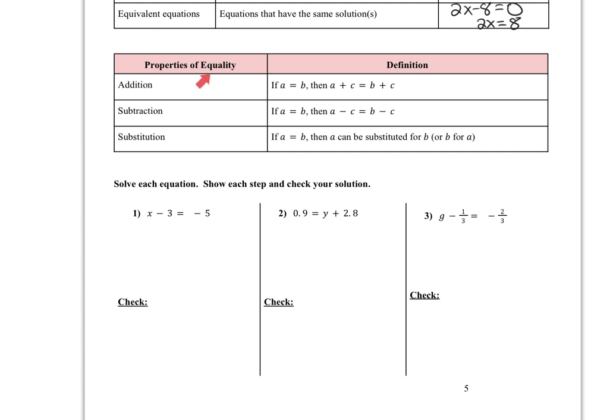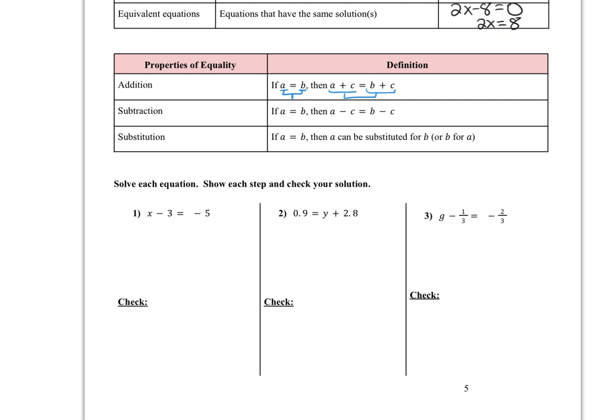Properties of equality: addition, subtraction, substitution. So addition says that if you have A and B equal to each other, imagine they're on a scale, okay? Don't mind my drawing. This is a scale. You have to keep them balanced by always adding the same exact amount.